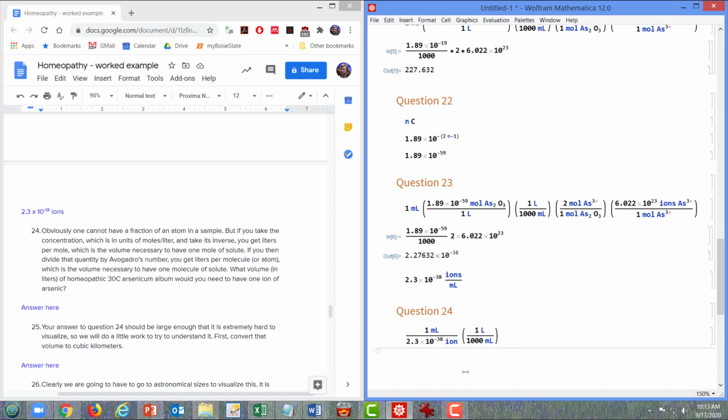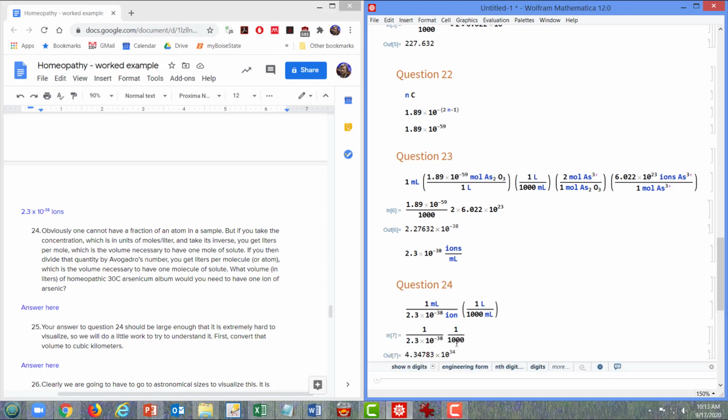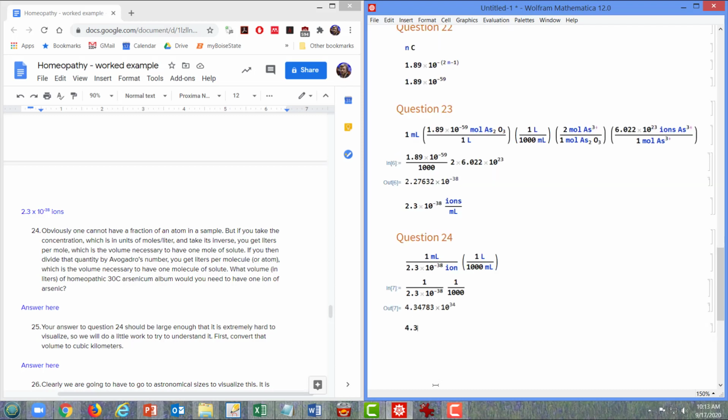And so we now take 1 divided by this number, the milliliters cancel, and we multiply this by 1 over 1,000, and you just plug it into your calculator, and you find 4.3 times 10 to the 34th, and what are our units? Liters per ion. So for 1 ion, you need 4.3 times 10 to the 34th liters.